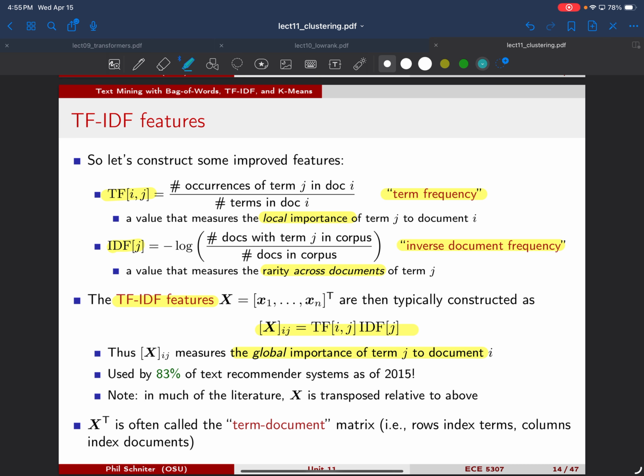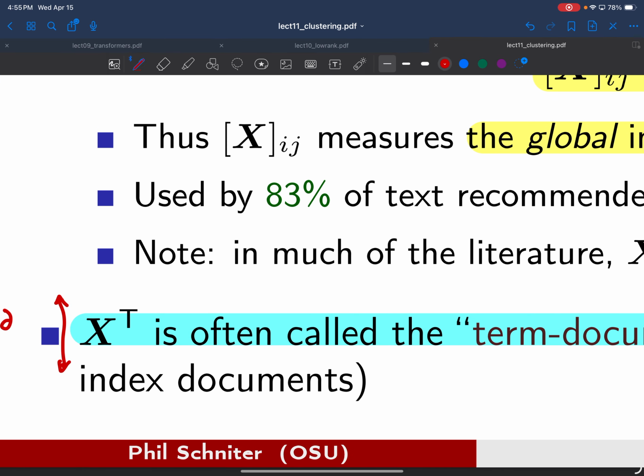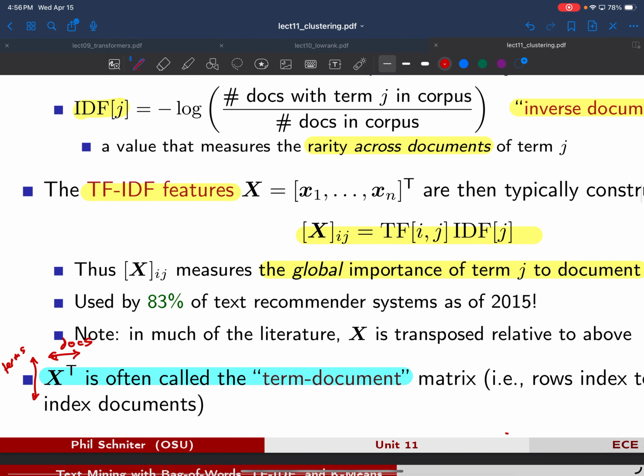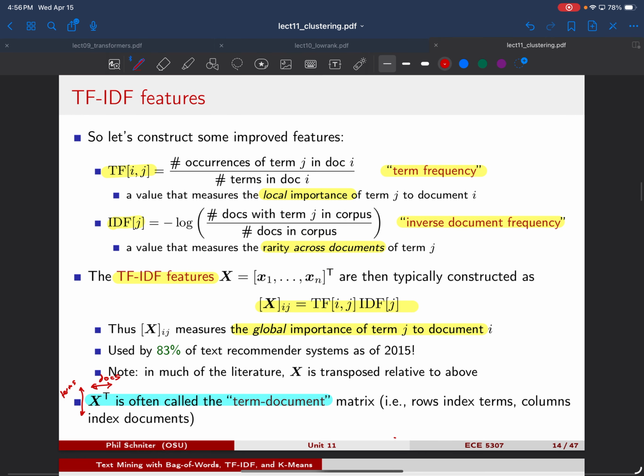And so, strictly speaking, they're talking about X transpose as the term document matrix, because for X transpose, you have terms that way, and you have documents this way. Okay. But for us, it's swapped. X is swapped. Okay, so that's these TF IDF features. Any questions? Okay.